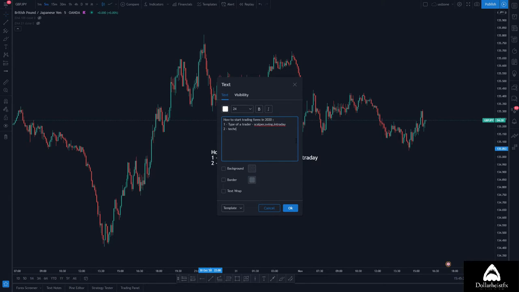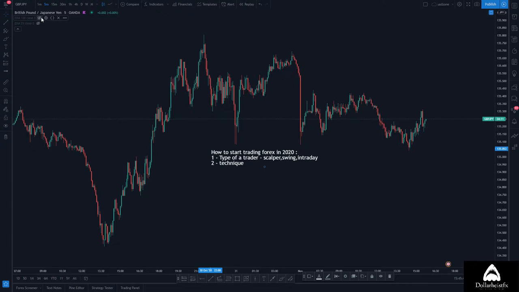There are exponential moving average, naked chart, support and resistance, trend line, and market pattern. There are a lot of techniques in the world. As a beginner, you just go with the very simple ones, maybe moving average crossover, or maybe you can just go with support and resistance.